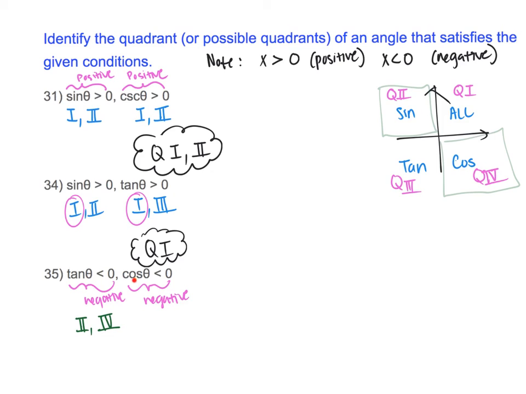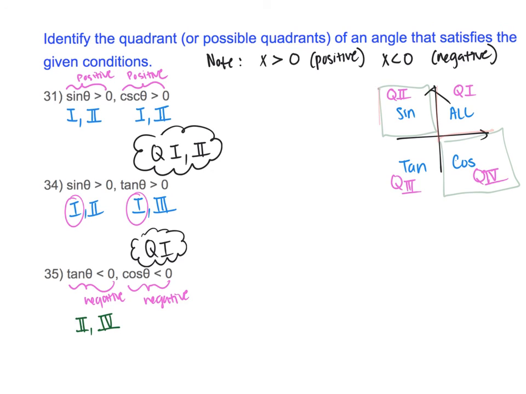And then for cosine, when it's negative, we're going to do the same thing. Actually, I'm not going to erase that, because I want to see where they overlap. So let's ask ourselves: when is cosine positive? Cosine's positive in the first quadrant and the fourth quadrant. Actually, I want to highlight the regions that are negative for cosine.